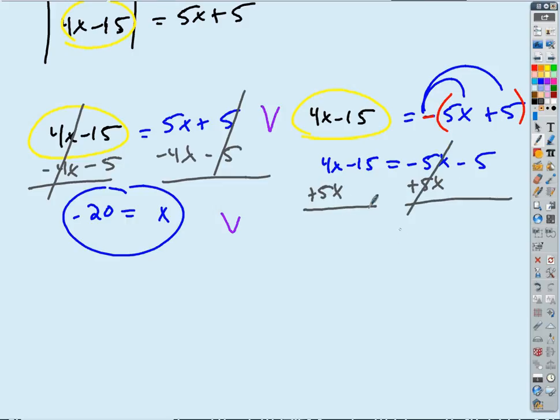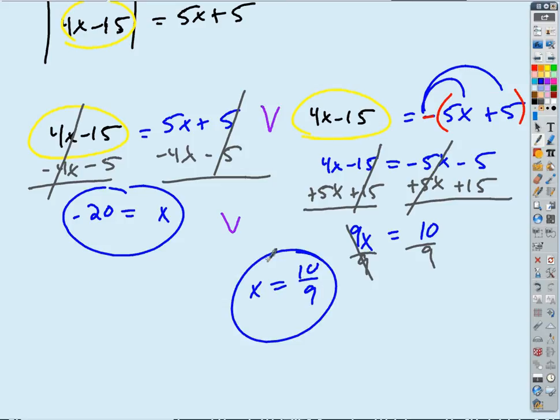Variables go left, numbers go right. So I'm going to get 4x plus 5x is 9x. Negative 5 plus 15 is 10. Last step. Good. And so I end up with my other possibility being x equals 10 ninths. Done?